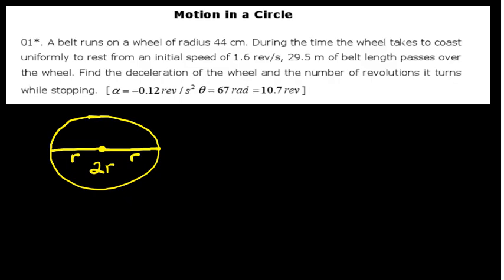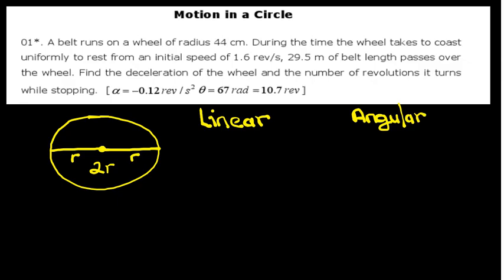You might have linear or tangential, and the other word that you might have here is angular. So when you hear the word angular, just know that the movements of these objects are in a circular position.